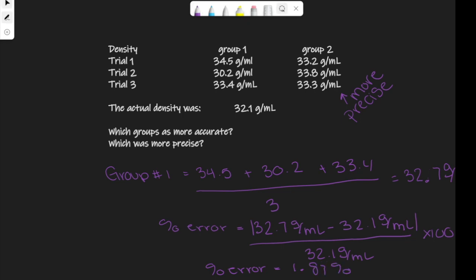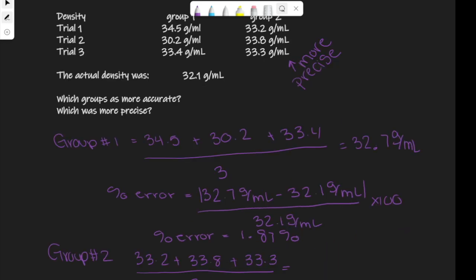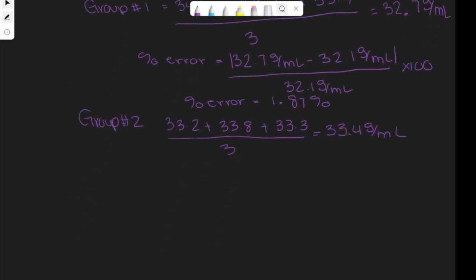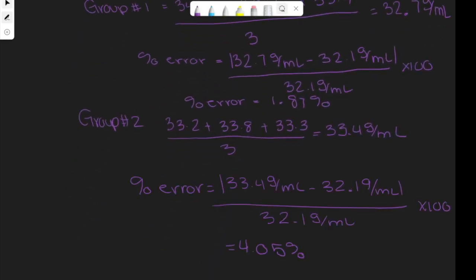Let's do the same thing for group 2 and see what that value is. My average for this ends up being 33.4 grams per milliliter. Let's figure out what our percent error is. My percent error for group number 2 ends up being 4.05%. As we can see, group 2 has a larger percent error. Because group 2 has a larger percent error, that means that group 1 is more accurate.